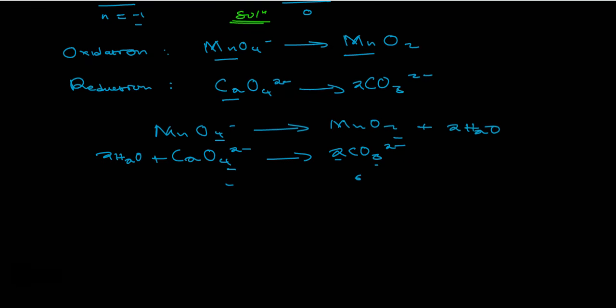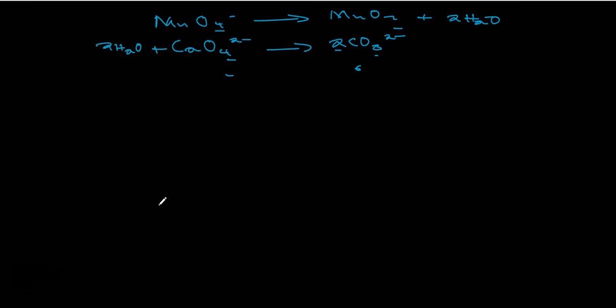So our third step now is to balance hydrogen. So we are going to balance hydrogen by adding hydroxide ion. So you can now ask here, how many hydrogen ions do we have here? We have 4 hydrogen ion, and here we don't have any hydrogen ion.